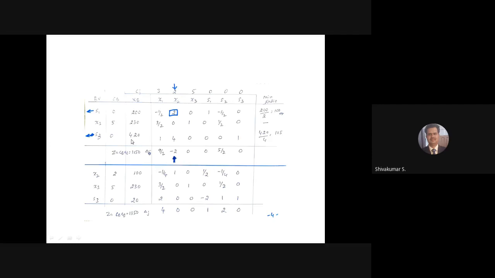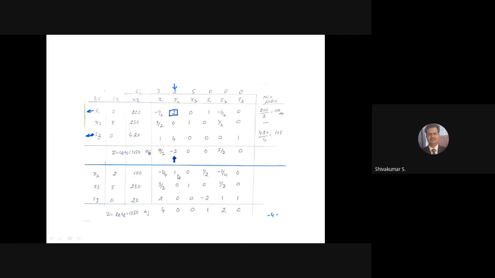Now coming to the third row, you have 4, but you have 1 here. So what you have to do? You have to multiply this by minus 4 and add, because you have to make this 0.